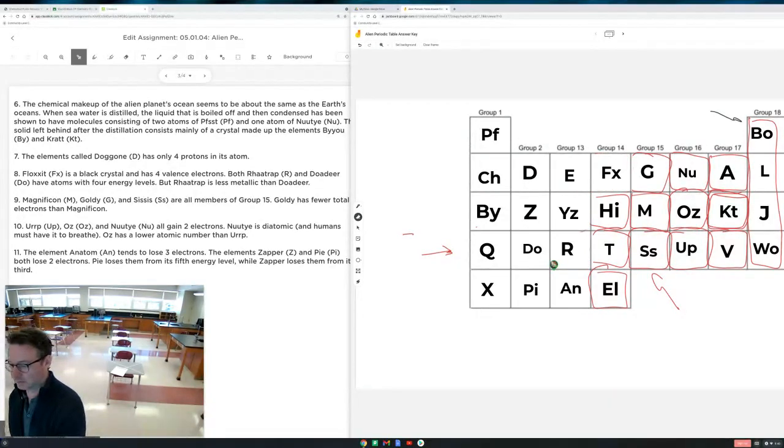So I just want to finish erasing all these out so you can see it clearly. But again, the screenshot shows this as well.